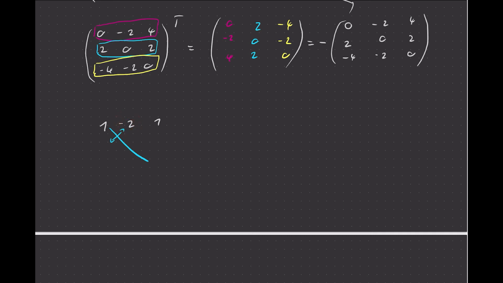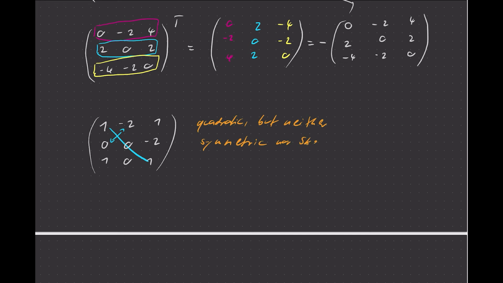If we want this to be non-symmetric, we should not write a minus 2 in here. We've destroyed that property. And if we also do not write a plus 2 here, it cannot be skew-symmetric anymore as well. So we just put a 0 here, and it's all destroyed, right? It doesn't really matter how we fill up the rest. Let's just do something. So this is a matrix that is quadratic, but neither symmetric nor skew-symmetric.